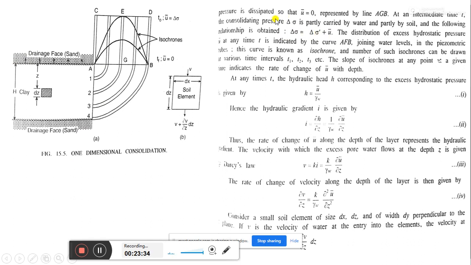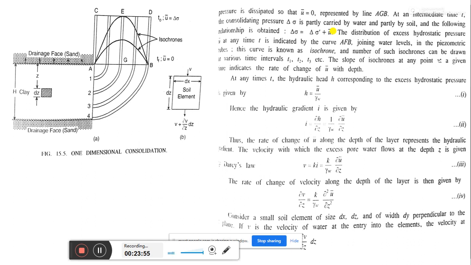As you know, this delta sigma is the total pressure, this delta sigma dash is the effective pressure, and this u dash is the pore water pressure. So the total pressure is a combination of effective pressure and pore water pressure.